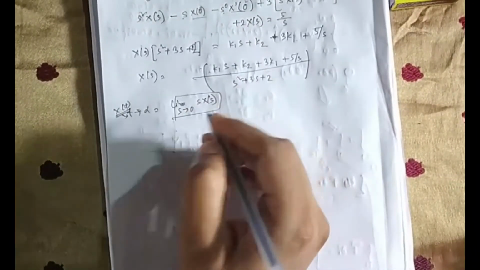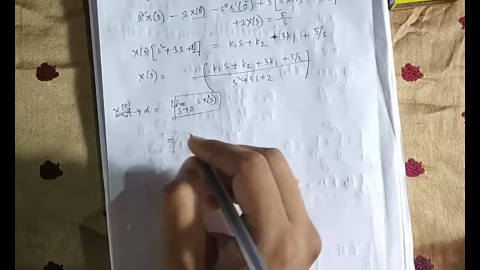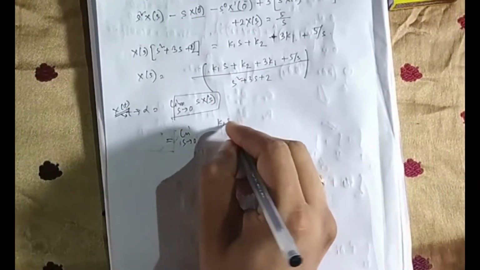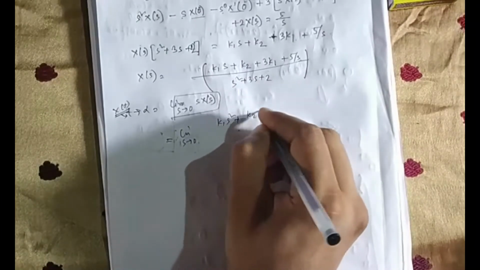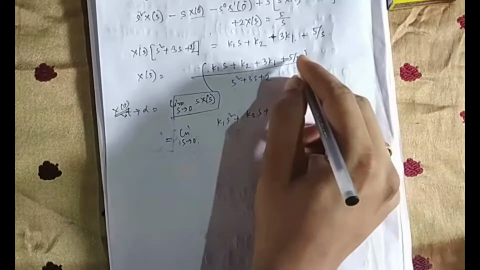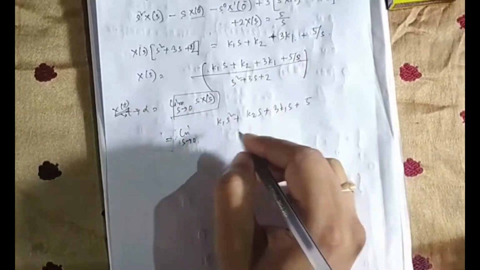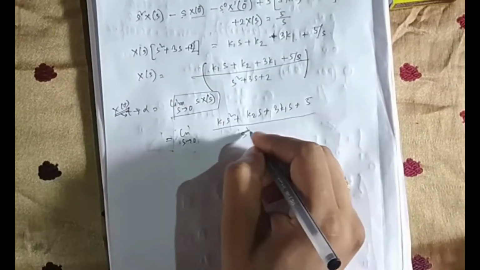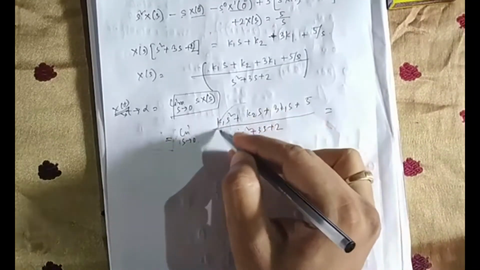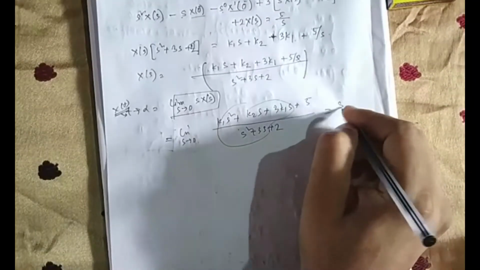If you multiply with s, limit s tends to 0, it will be k1 s square plus k2 s plus 3k1 s plus 5, because the s will get cancelled, divided by s square plus 3s plus 2. Now you see, it becomes very easy. If you put s equal to 0, everything will be 0 except 5 by 2.